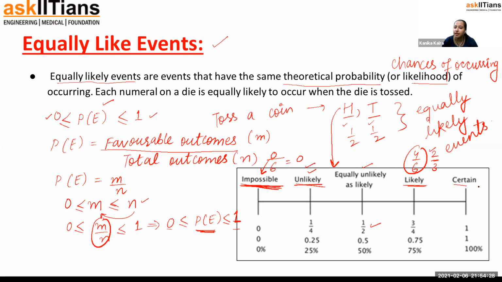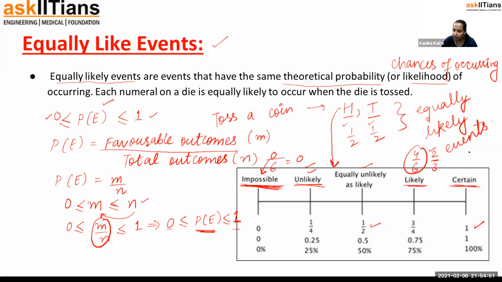And next is when you have the probability equal to 1, that is known as a certain event. For example, probability of getting an integer less than 7 on a die. So all the integers are less than 7.